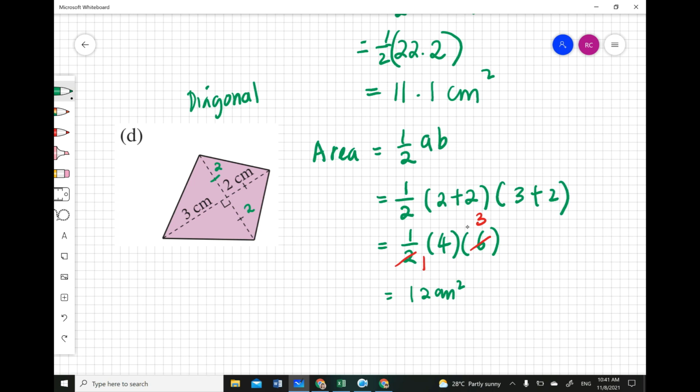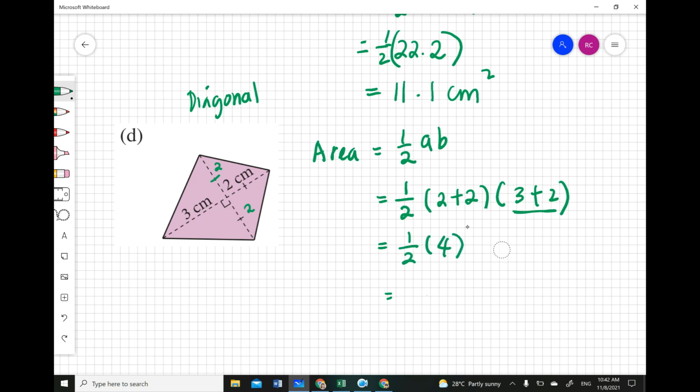Okay, 3 plus 2, 2 plus 2. Yeah, do you have any question? Sorry, I made a mistake over here. 3 plus 2 is a 5. Sorry. So we cannot simplify this part over here. Okay, I redo this part. You didn't correct me when I said 3 plus 2 equal to 6. Okay, this part remains the same.